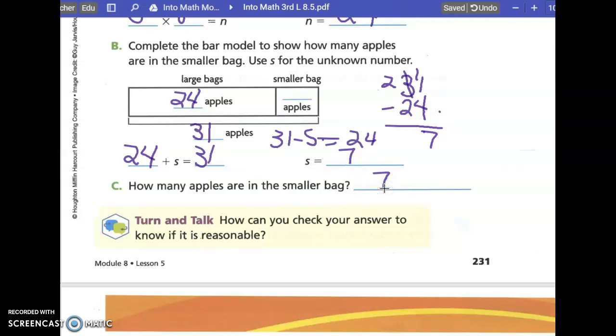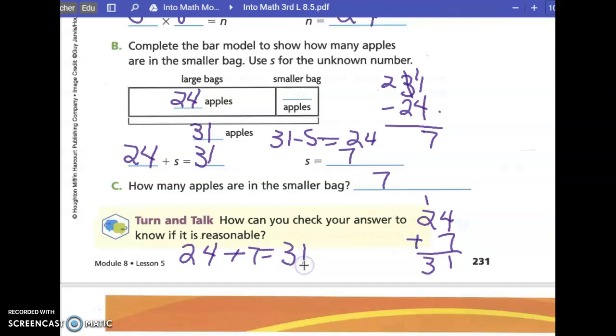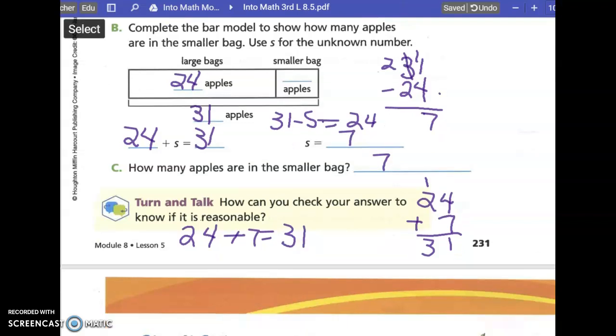How can I check to know if my answer is reasonable? We can add 24 plus 7. I think it's easier to stack it. So 7 plus 4 we know is 11. And 2 plus 1 is 3. And what equals 31. So we used an inverse operation to check our work.